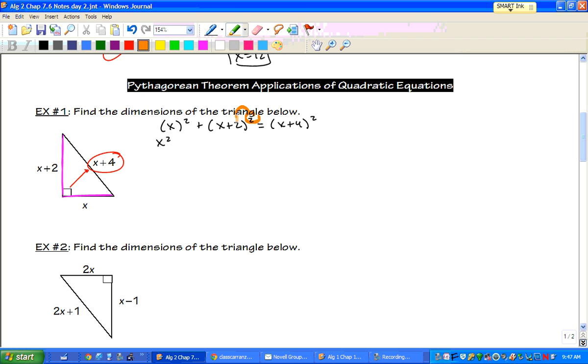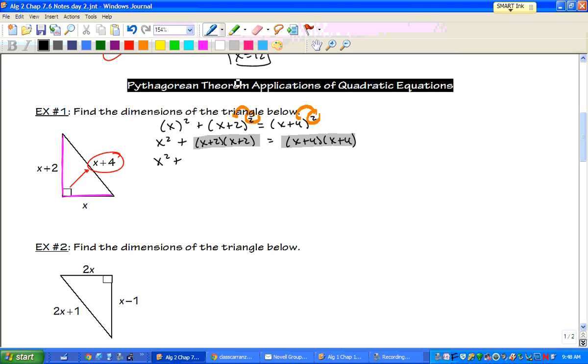Remember that the square tells us how many of the bases we have. So what it's really telling us is that inside of that, it's x plus 2 times x plus 2. And over here, it's x plus 4 times x plus 4. You need to know how to FOIL. Okay?